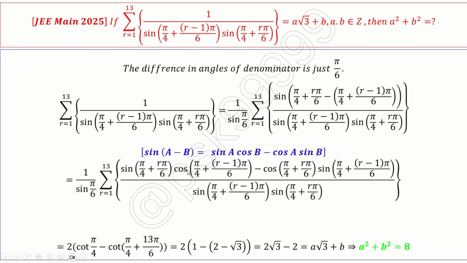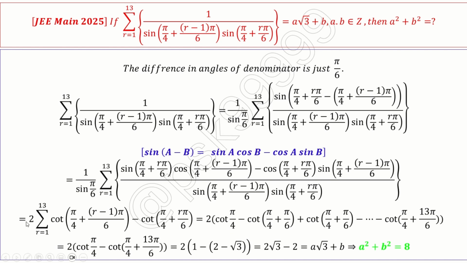Now if I divide each term, there is a common term in each one. Sine of (pi by 4 plus r pi by 6) is common here, so it gets cancelled and you get a cot here. And in this term, sine of (pi by 4 plus (r − 1) pi by 6) is common, so this gets cancelled and you get cot of (pi by 4 plus r pi by 6).